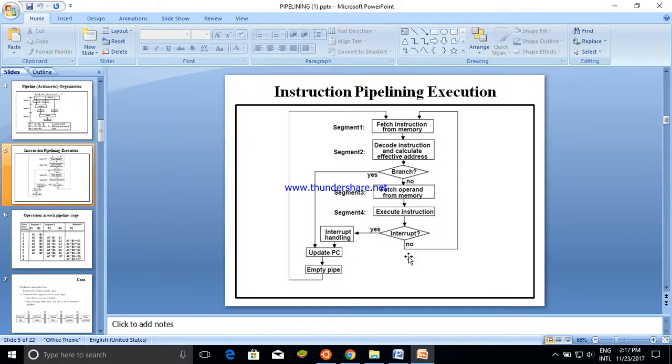If there is no interrupt, the next instruction gets fetched from the memory again and the cycle goes on. If there is an interrupt, then interrupt handling is done, the program counter is updated with the address of the next instruction, the pipe gets emptied, and then again the cycle goes on with fetching, decoding and execution.